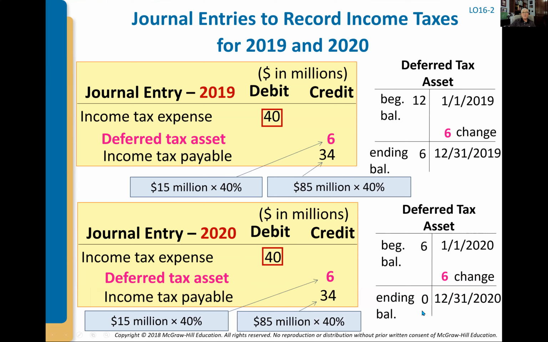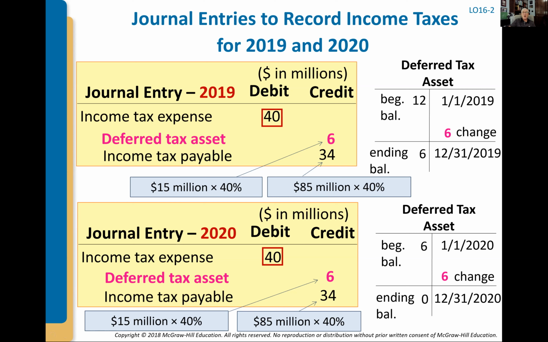Step 2. All right. Remember, in year 2, my taxable income was 85, and also in year 3, 85, because we got the $15 million deduction. So step 1, income tax payable, 85 million times 40% equals 34 million.